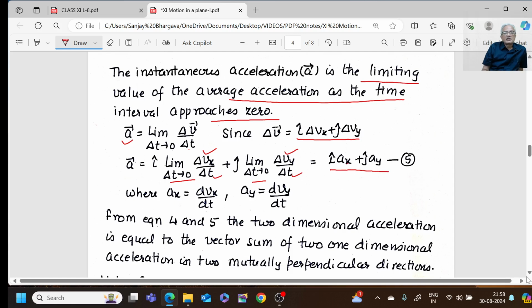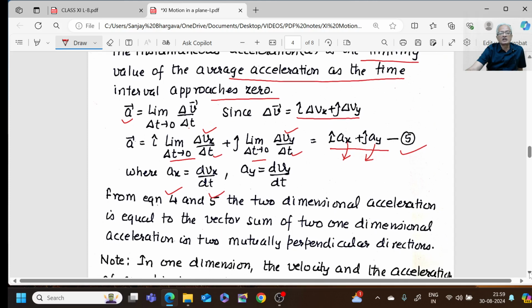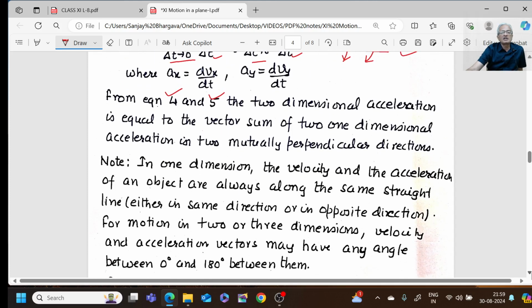This represents the x component of the instantaneous acceleration and this represents the y component of the instantaneous acceleration, giving me equation number 5. What do equation number 4 and 5 tell me? They tell me two-dimensional acceleration is equal to the vector sum of two one-dimensional accelerations in two mutually perpendicular directions.